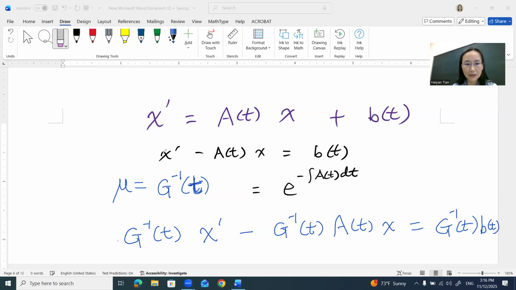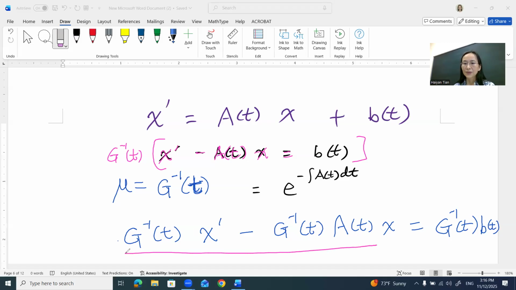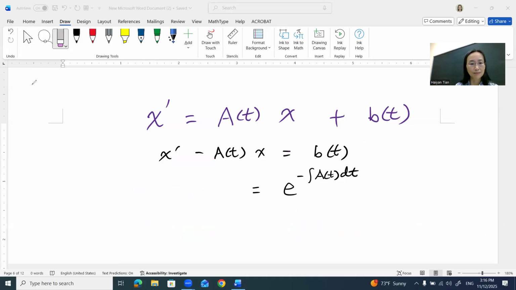So write the system first, put these two terms on one side, and then multiply both sides of the equation by the inverse of the fundamental matrix. That's what we're getting here.